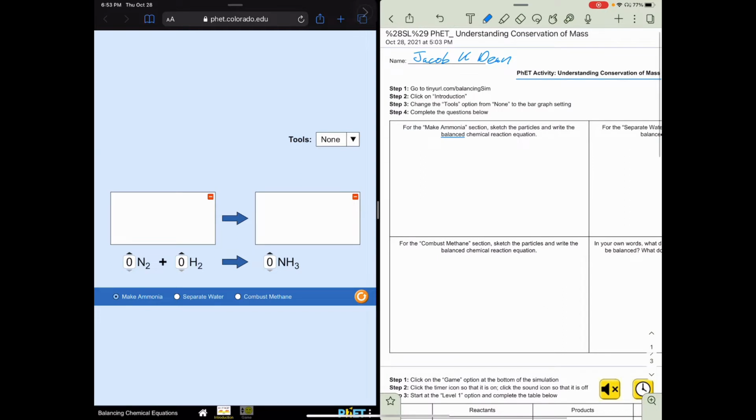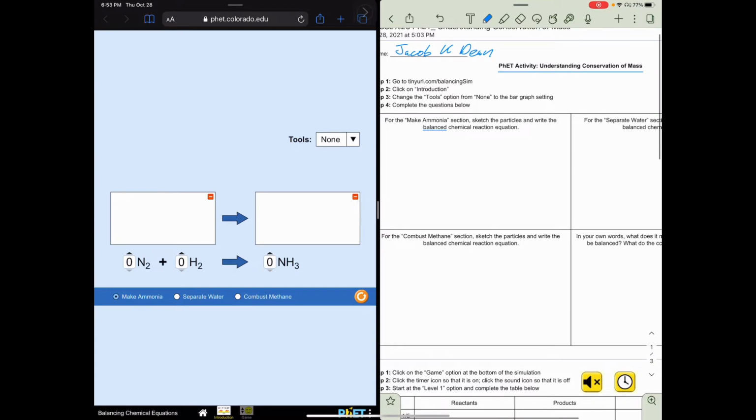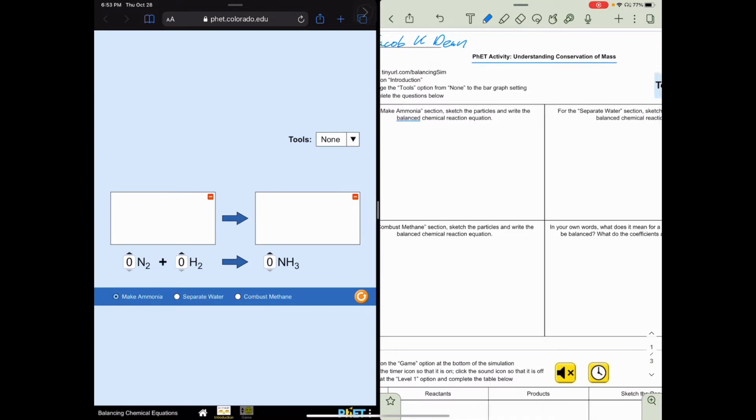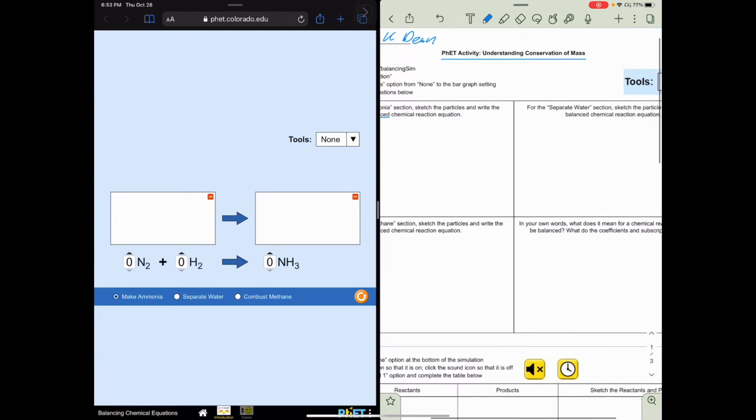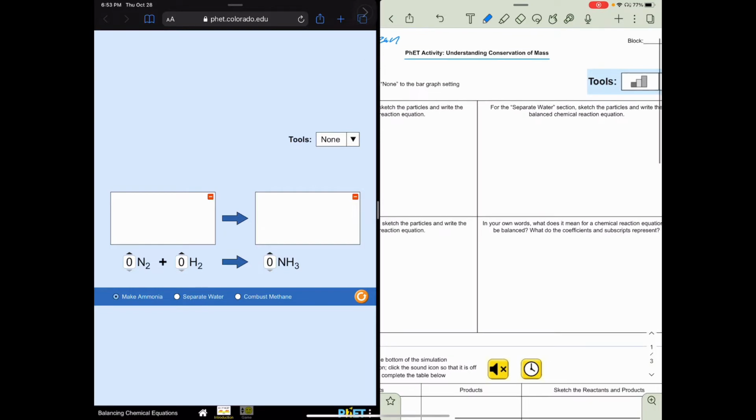So we're going to make sure that this setting here is on the make ammonia section. So this is the one that I'm going to do with you, and you're going to use these same concepts. And each time that you move to a new box, make sure that you switch to the box that it needs you to. So for this next one, you'll switch to the separate water there. See how everything changes.